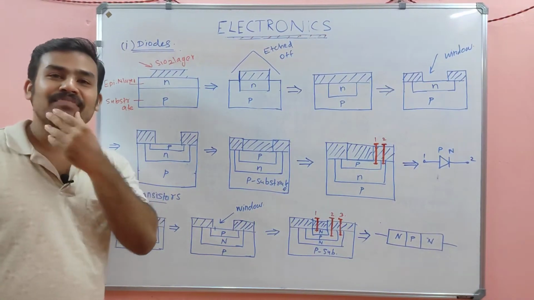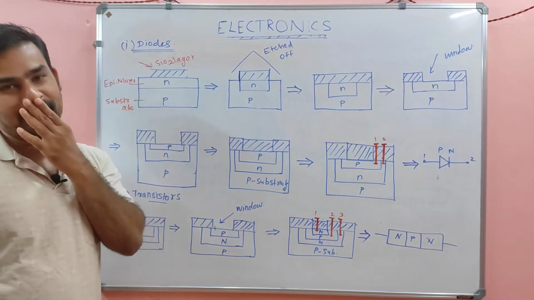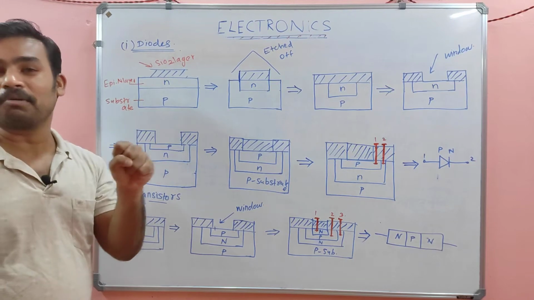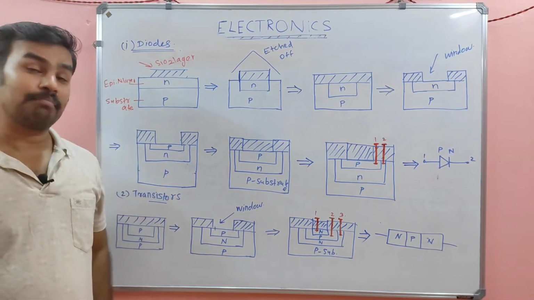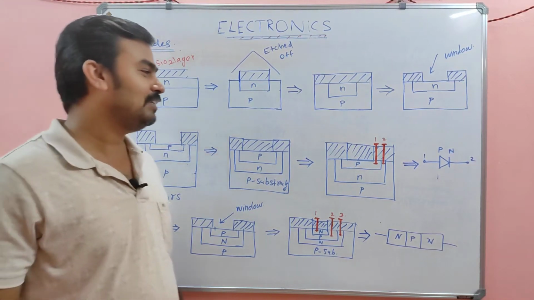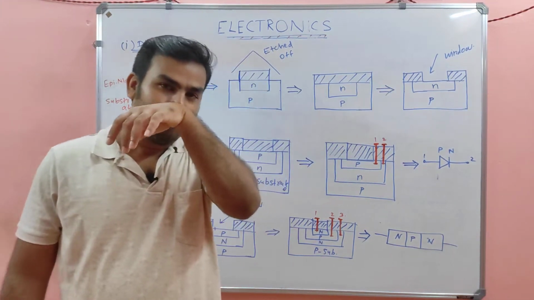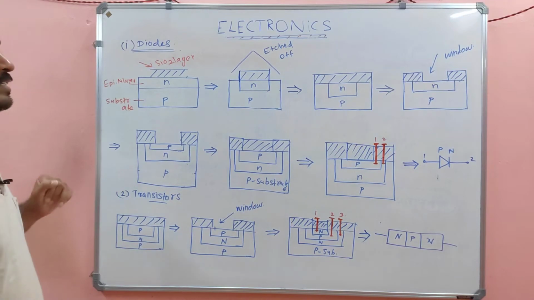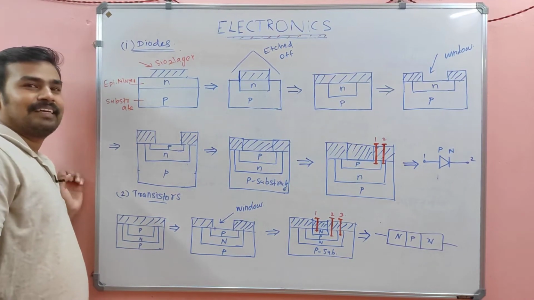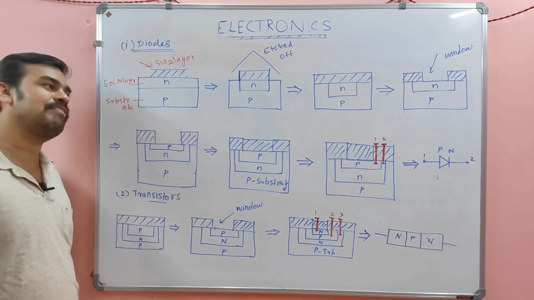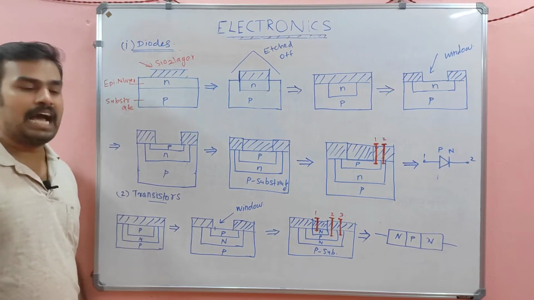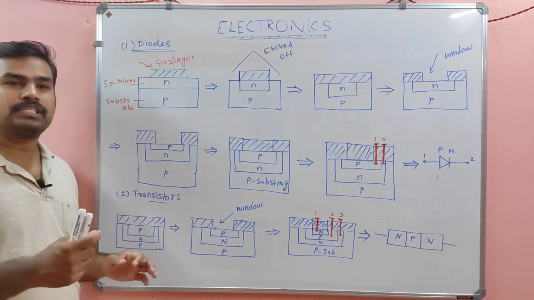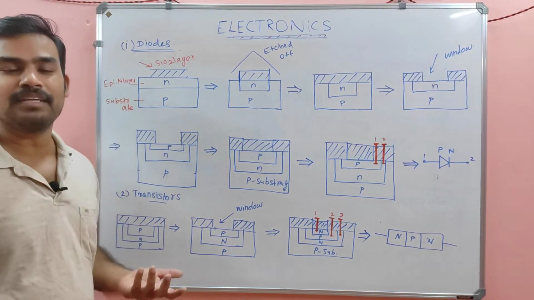See, thanks to the microelectronics, my dear, and the micro construction. See how beautifully it created a PN junction diode. And the cost: simply we need oxygen, an etching tool, and an impurity.